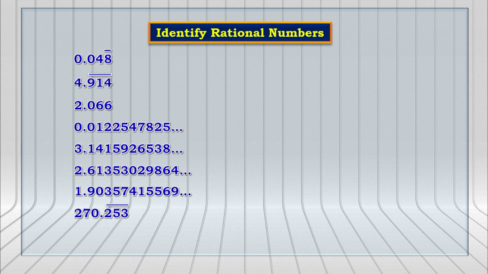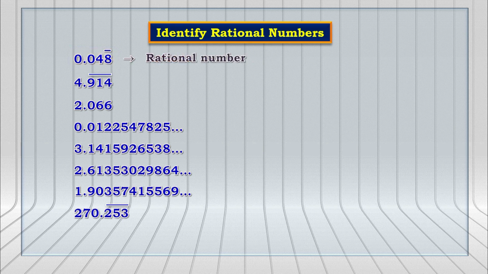Now out of these numbers, let us identify the rational numbers. 0.048 bar. So we can clearly see that there is a bar on top of 8. So that means 8 is repeating over here. So we can say that it is a non-terminating recurring.